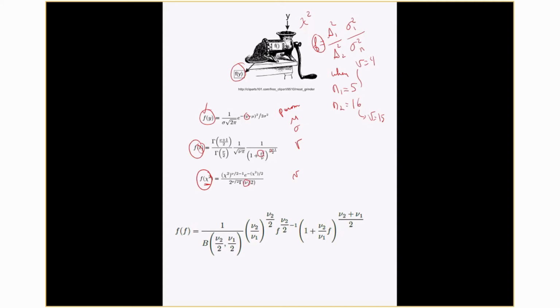Okay. Now in the case of our F distribution, we've got two parameters, nu2 and nu1: the number of degrees of freedom associated with the second population, and the number of degrees of freedom associated with the first population, and there they are.